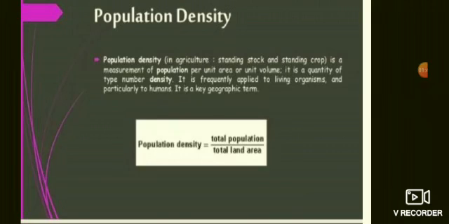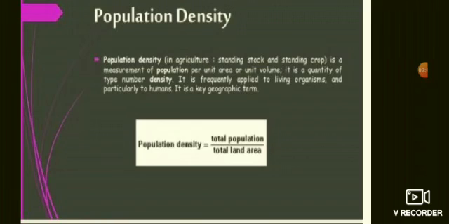It reflects the success of a species in any given area. It is the end result of the interaction of biotic potential and environmental resistance. So we can say population density can be calculated as total population divided by total land area.